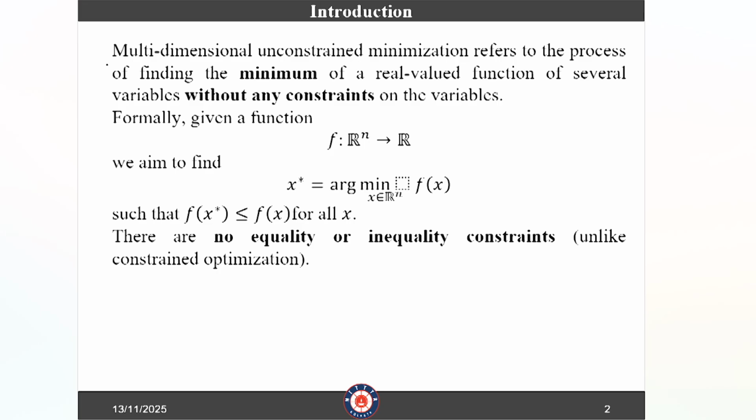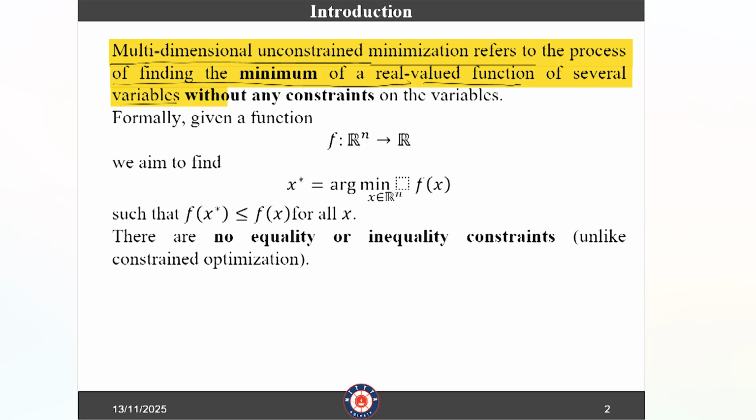Multidimensional unconstrained minimization refers to the process of finding the minimum value of a real valued function of several variables without any constraints on the variables.